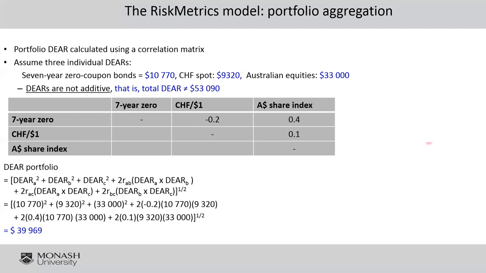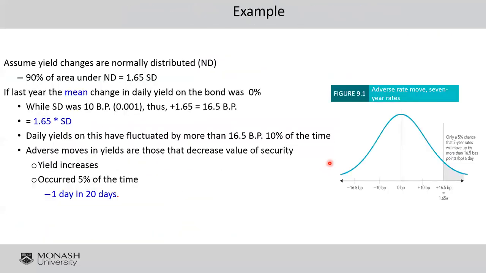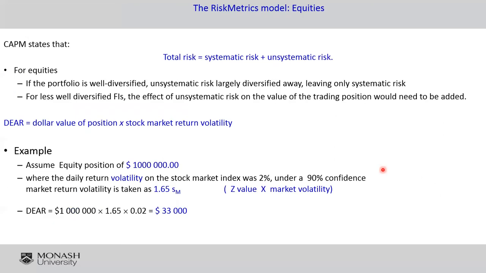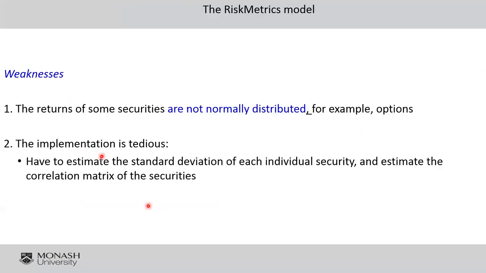But the problem is that we cannot deal with the issue of normality. When we take the confidence level and the Z value, we are assuming all the time that the distribution is normal, which is not always the case. So these are the weaknesses: the implementation is difficult, and then the assumptions of correlation and normality.